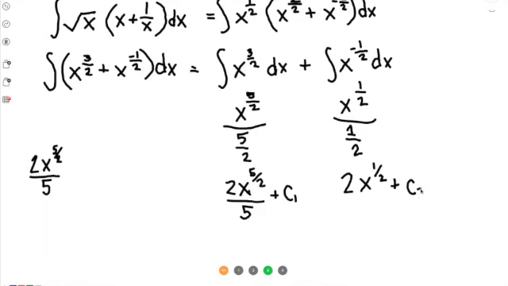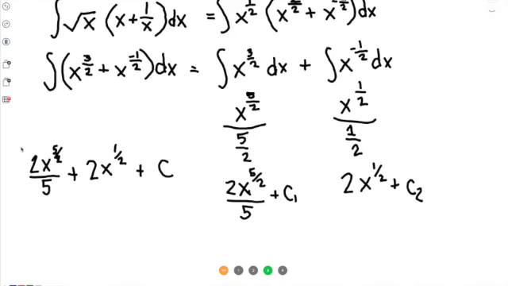Okay, so I will write this down here. So they are separated by a plus sign. So plus 2x to the 1 half. I would prefer to put it in square root notation, but just so you won't be confused, just put it 2x to the 1 half plus, that would be c1 plus c2, or just c.